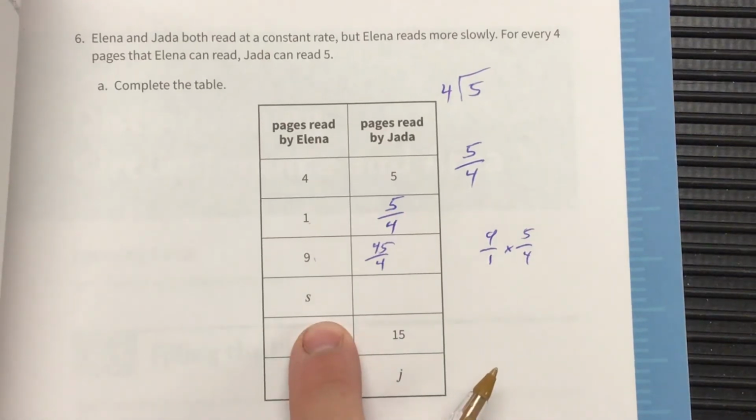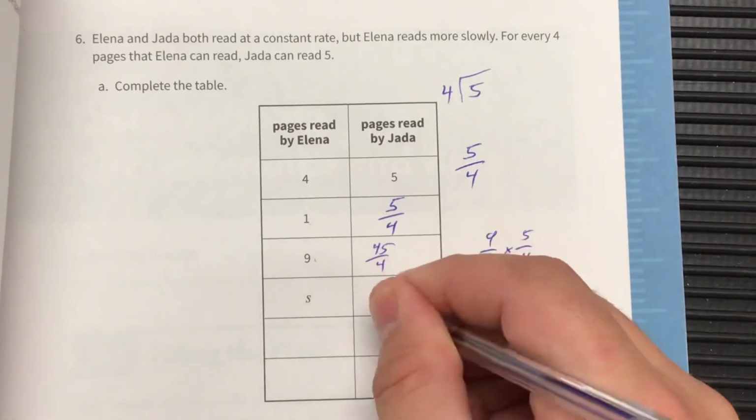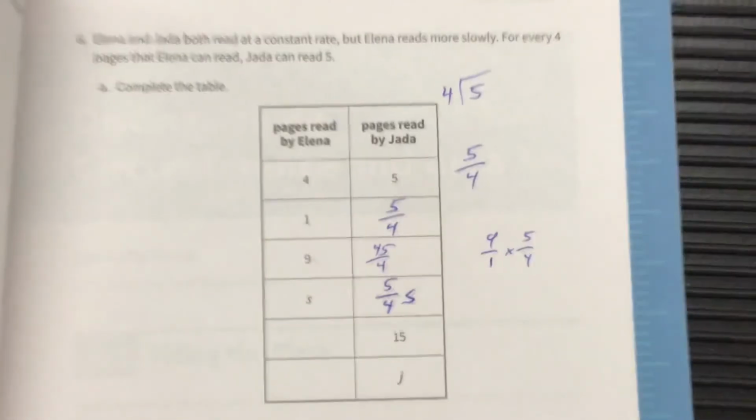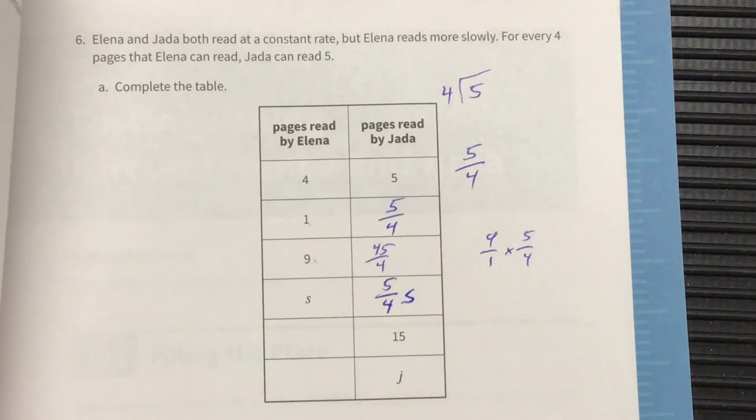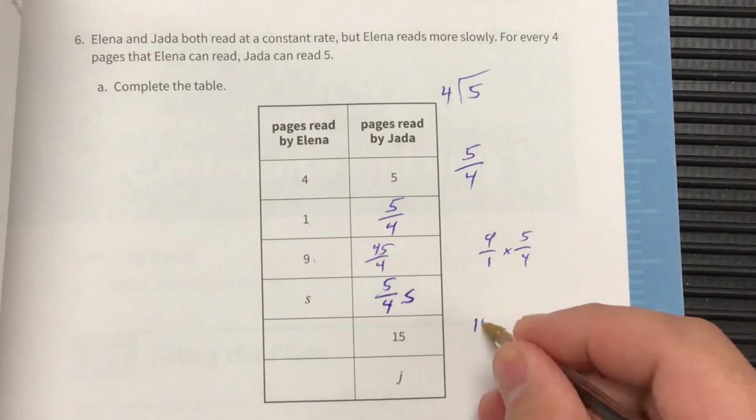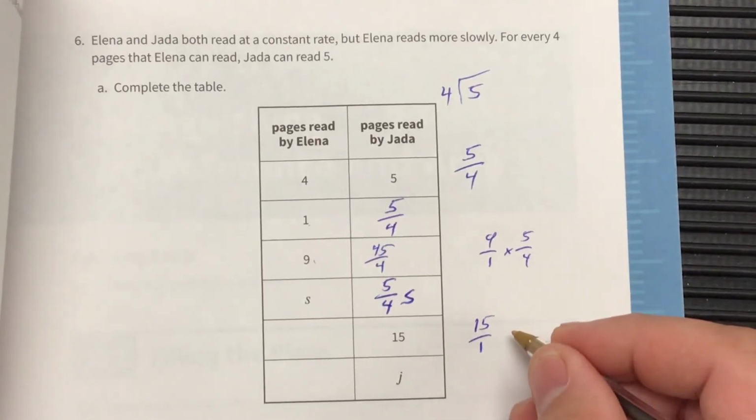What is S times 5 over 4? 1.25 S. I'm just going to continue with my fractions. Now I've got to go the other way. Now I got this number. Now what do I do? Divide by what?